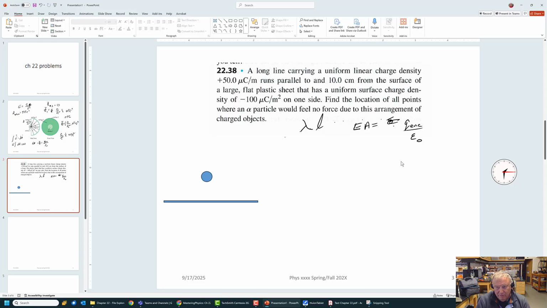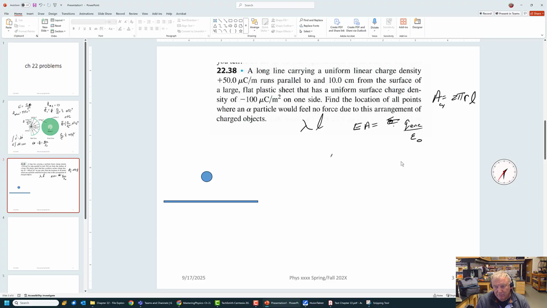The area of a cylinder is 2 pi r times L, the end caps don't matter, the circumference times the length.